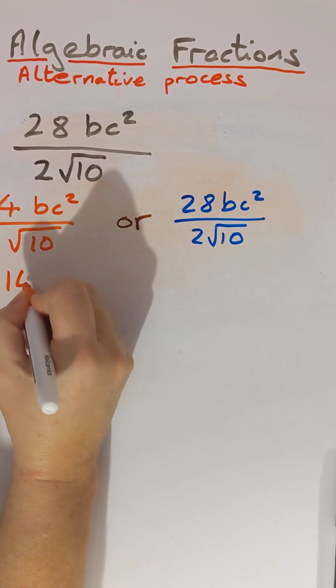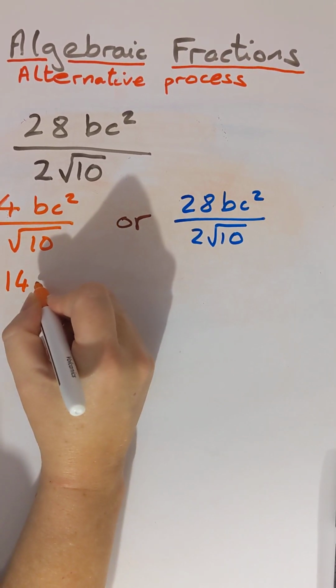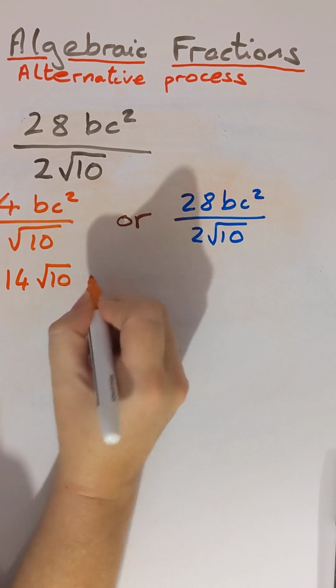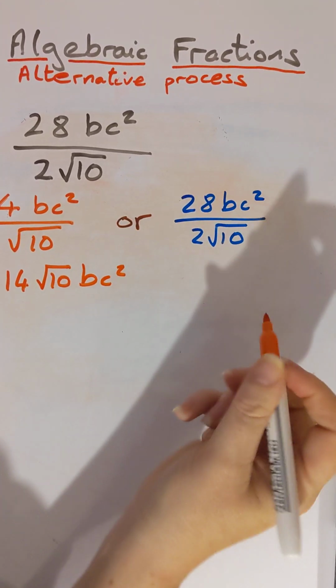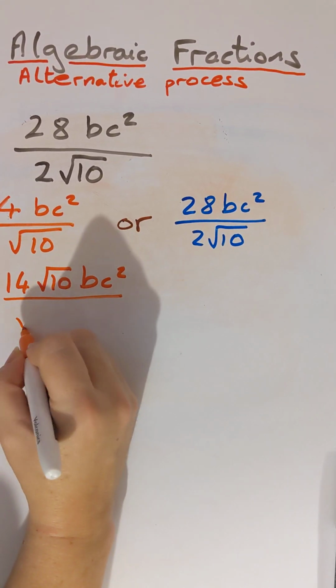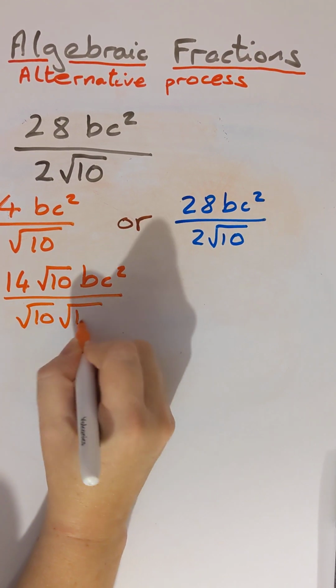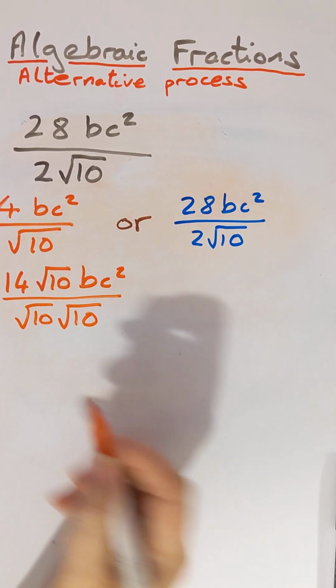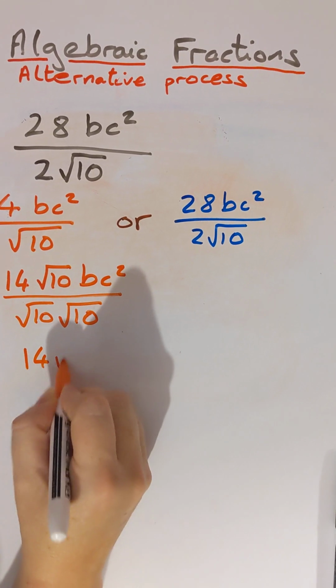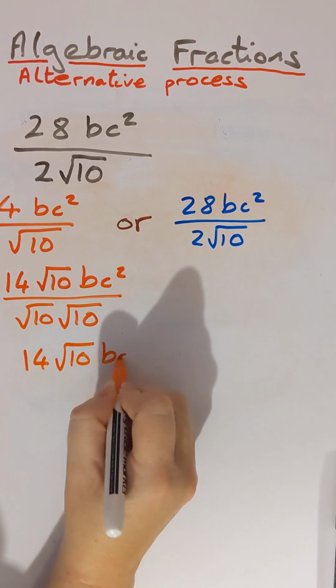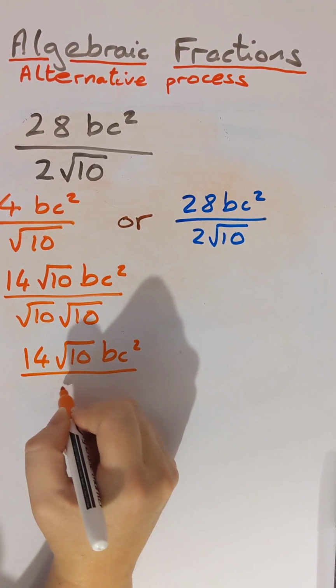So we'd have 14 times our root 10 with our bc squared. And that gives us over root 10, which we know is 10. So we've got 14 root 10 bc squared over 10.